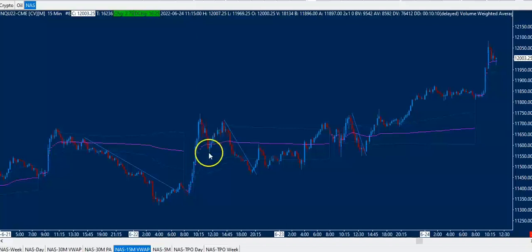And then ultimately we were able to work ourselves up to the upside as it kind of digested this down move. Because when things like this happen, market participants are going to be skeptical of things at that point, right? This is a significant move to the downside. Okay, well, are we going to see more of that? And so that's why you'll get that kind of resistance here, right?